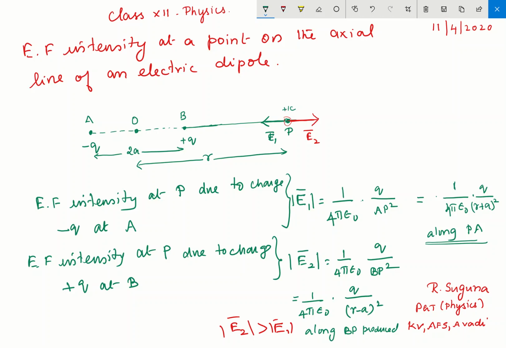E1, E2 is ready, and the direction also you know. But what is the net field? Okay, therefore you have to find out what is the total field. Okay, the resultant electric field intensity. Let me go to the next slide.